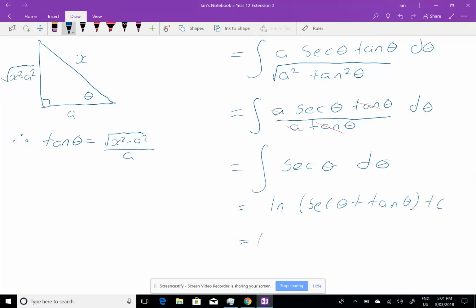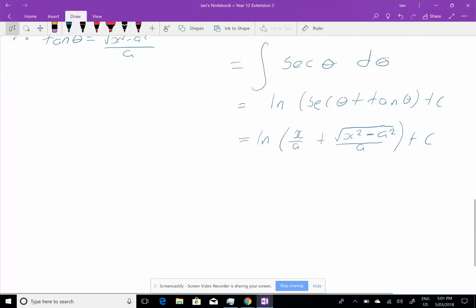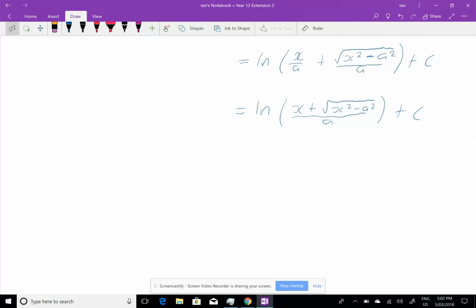So we get ln x on a when we substitute it back, and tan theta is root x squared minus a squared on a. And again, we've got a common denominator, which is fantastic because we're going to get ln of x plus root x squared minus a squared on a, plus some constant.